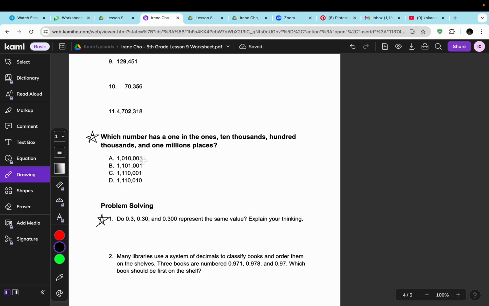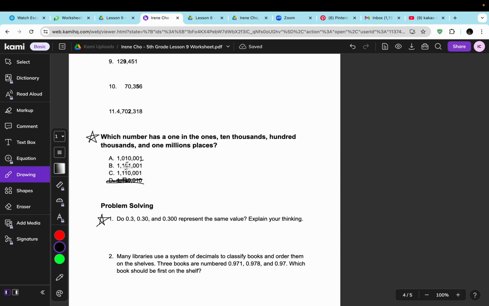Let's start marking off the ones that don't match. For D, it's a 0 in the ones place, but it asks for a 1, so it's obviously not it. Then it says a 1 in the 10,000 place, so let's move: ones, tens, hundreds, thousands, and 10,000. So we line them up.